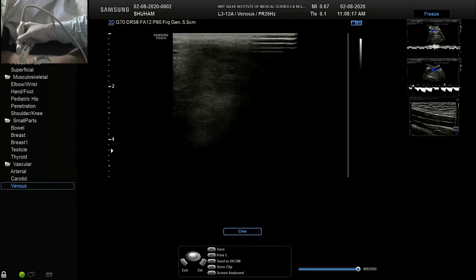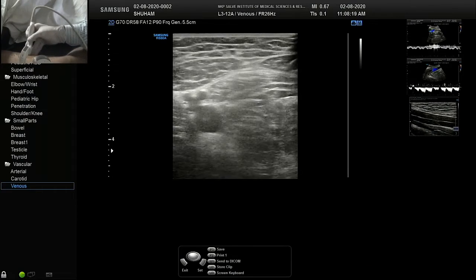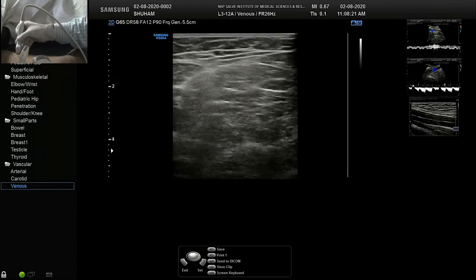We'll try to see the GSV if we can see. Yes.